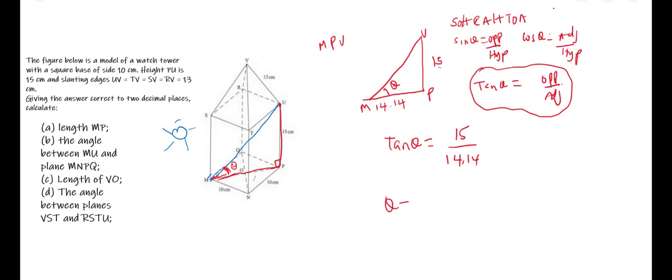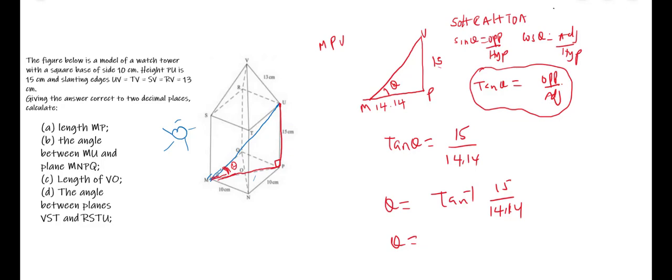So for us to get theta, we find the tan inverse of 15 divided by 14.14. So in the calculator, using a scientific calculator, we find first of all 15 over 14.14, and then find the tan inverse of that.